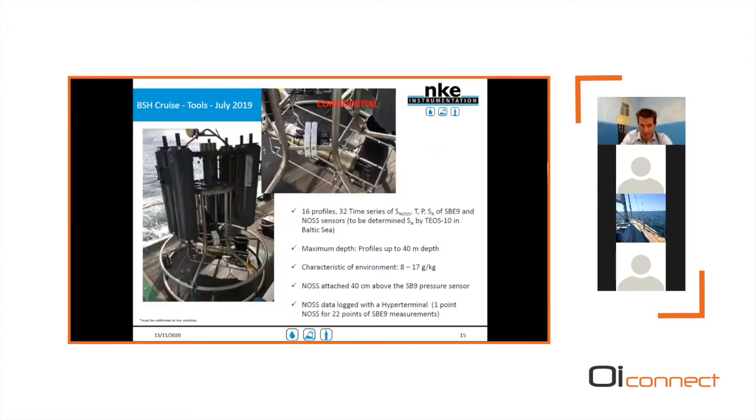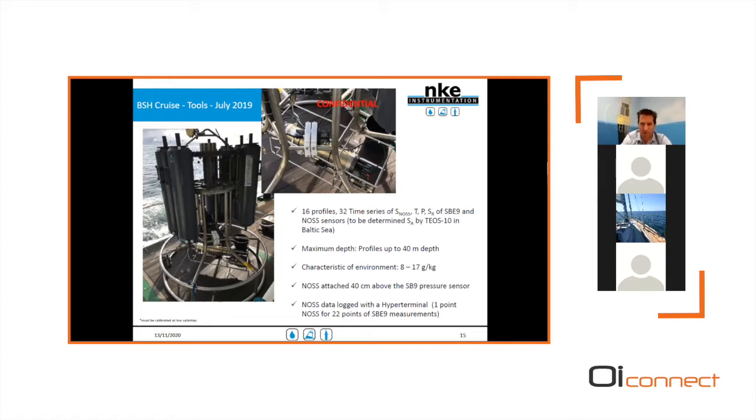During this cruise, we obtained 16 profiles, so 32 time series of salinity nodes, temperature, pressure, and reference salinity with the SB9, and the profiles went up to 40 meters depth, and we characterized the node sensor in an environment between 8 and 17 grams per kilogram in salinity.